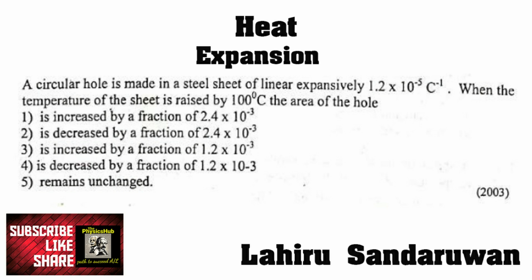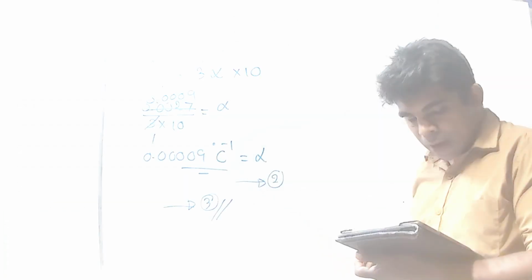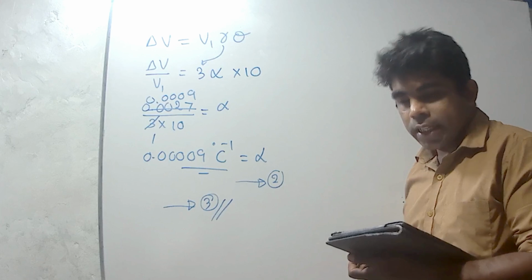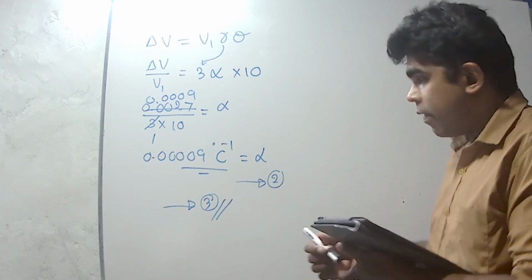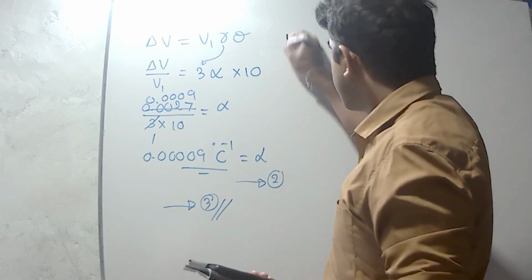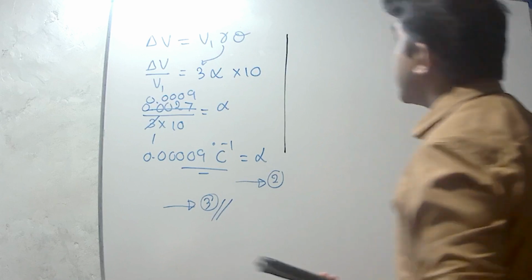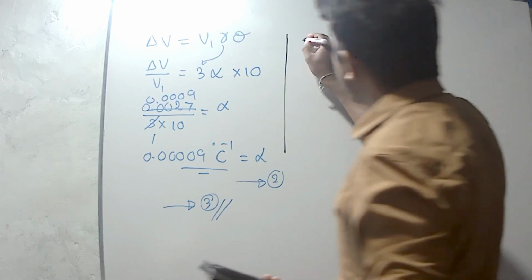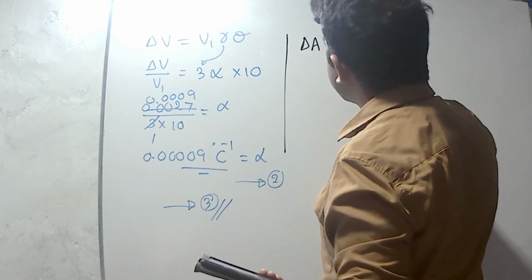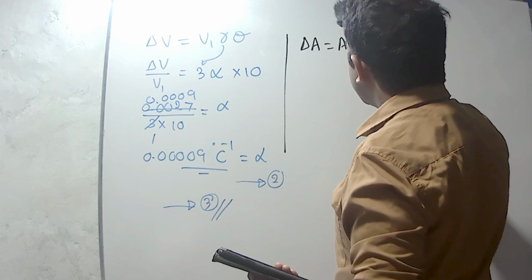A circular hole is made in a steel sheet of linear expansivity 1.2 into 10 to the power minus 5. When the temperature of the sheet is raised by 100 degrees, for the area of the hole, we have to get the fractional change. Then I will use the area expansion equation. Delta A equals A1 beta theta.